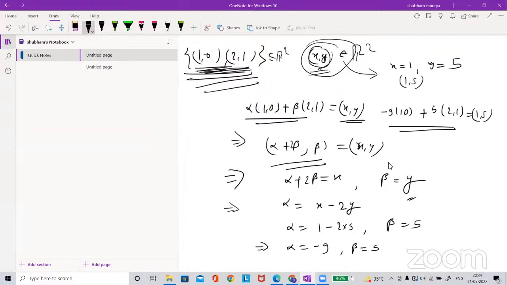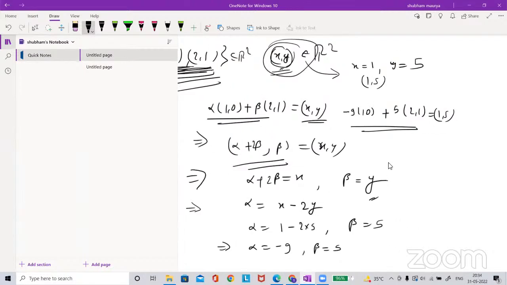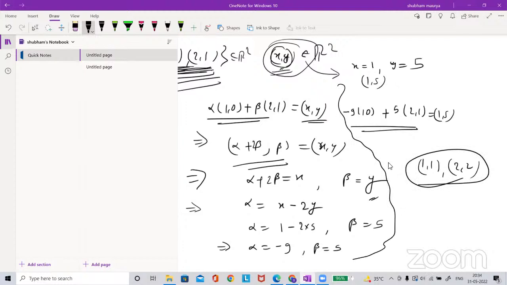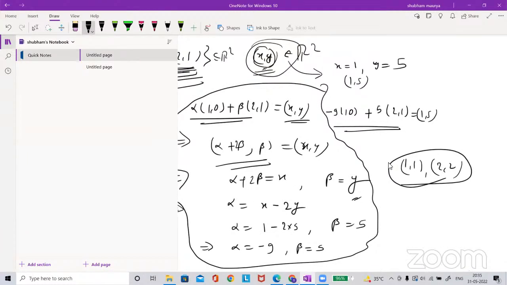Can you give me one example? You can take (1,1) and (2,2), and you can check again the same way as you are doing. One is a multiple of the other, because one vector is a scalar multiple of another vector.